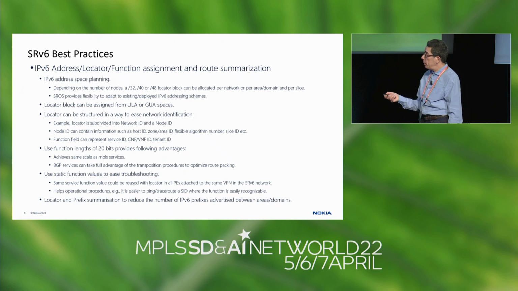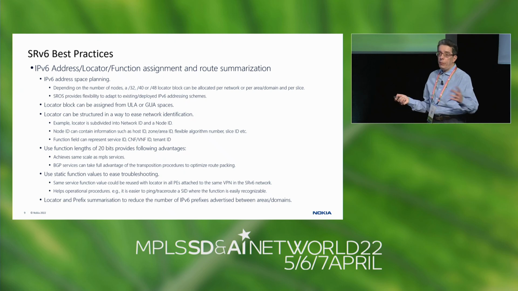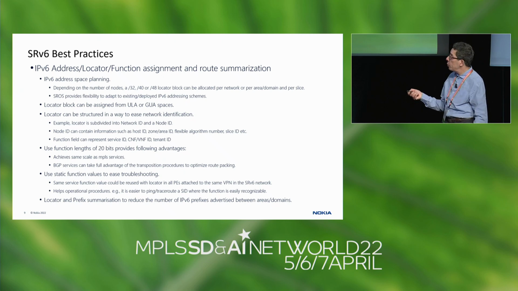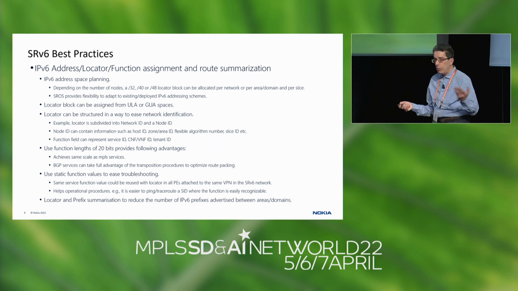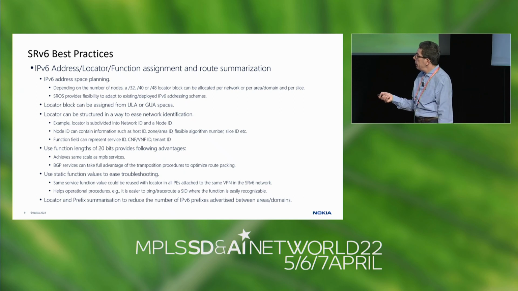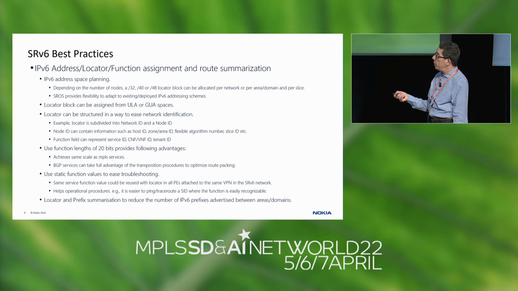You can also define static functions. While the prefix is configured and we know what it is for a specific algorithm, you can use static functions for each of your VPN IDs, slice IDs, or VNF and CNF IDs. And that's nice because you could even reuse those static functions, since the locator is unique to each router.